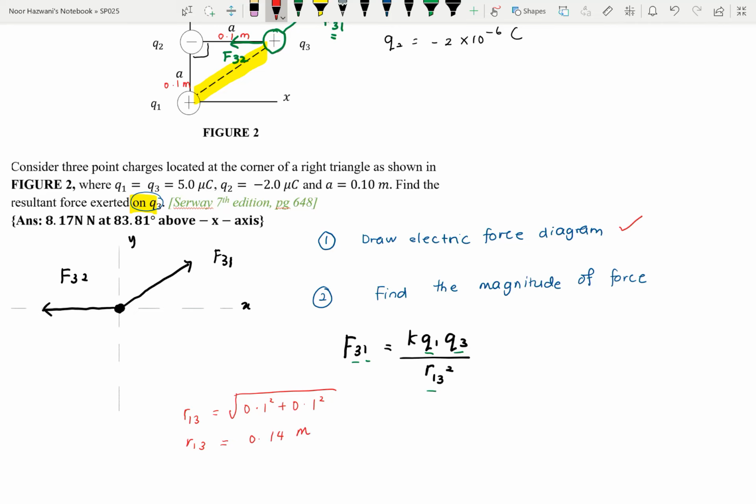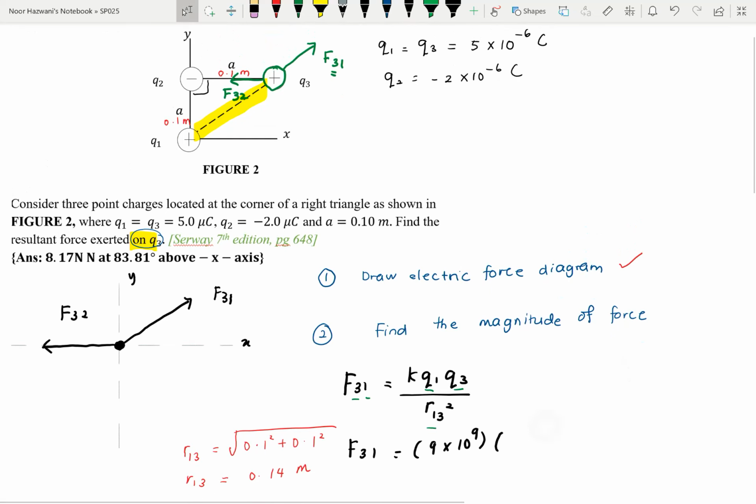Okay, so kita dah dapat dia punya distance dan kita akan plug in all the value yang kita dah ada lah. So F31, okay, put the constants, Coulomb constant. Okay, and then Q1 kita adalah 5 times 10 power of negative 6. And then Q3 kita also 5 times 10 power of negative 6.